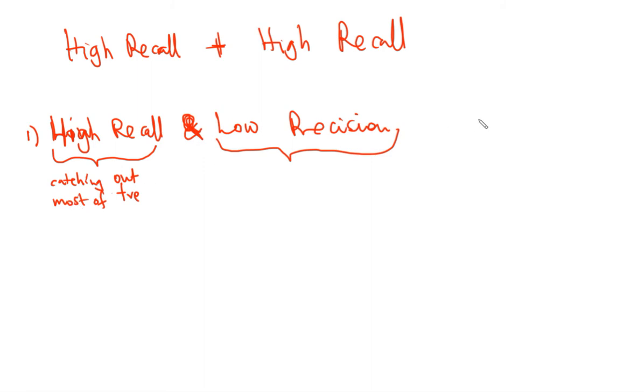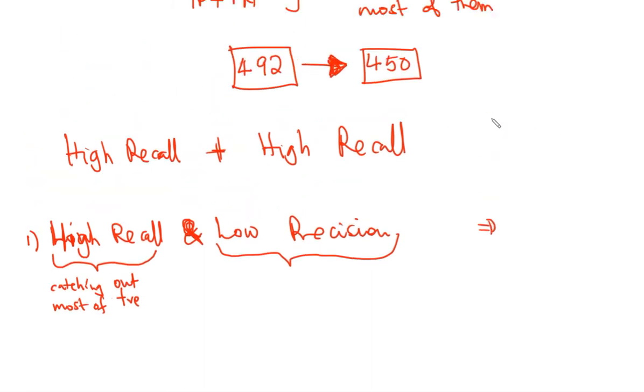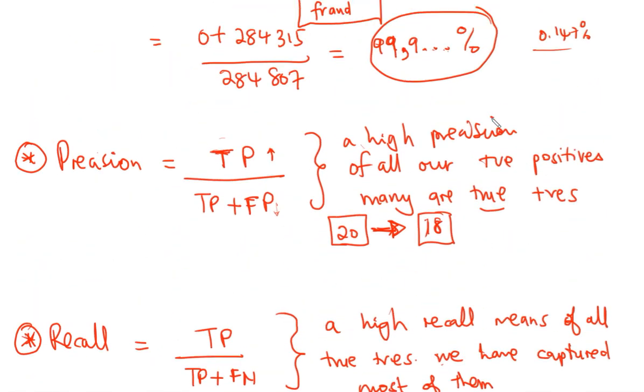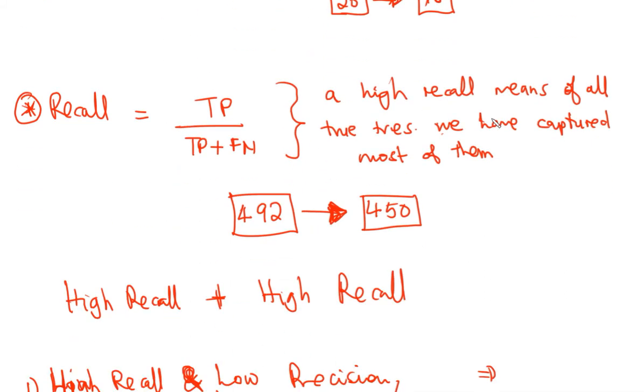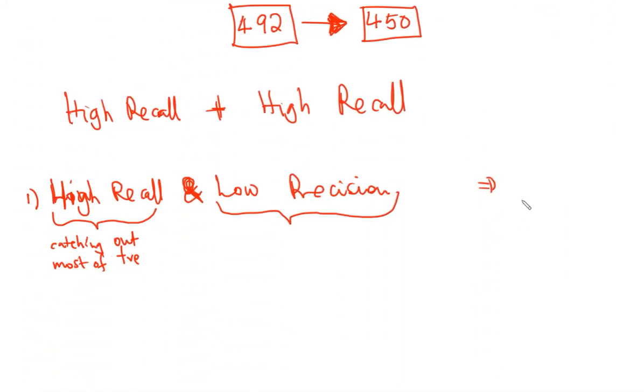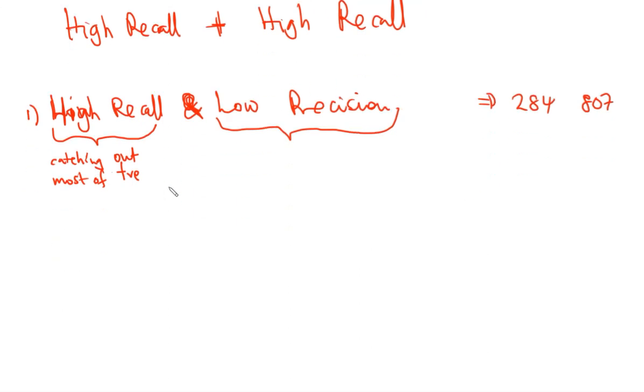Let's say our data set, when we return the whole data set, had how many again? Let me just go up a bit. It had 284,807 transactions. That is the total, right? And 492 were fraud.